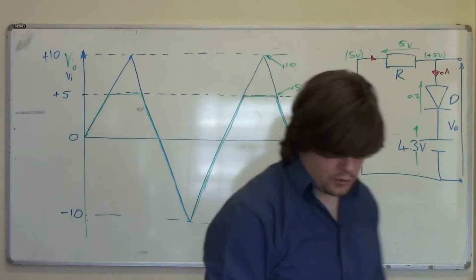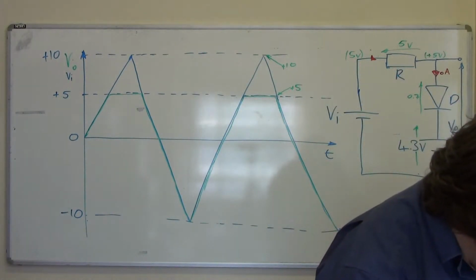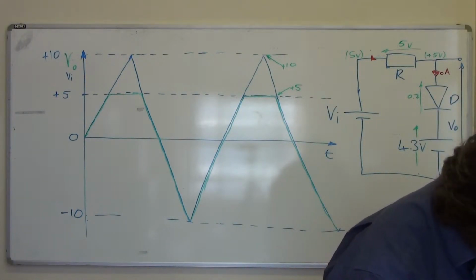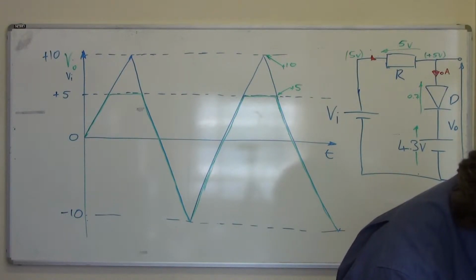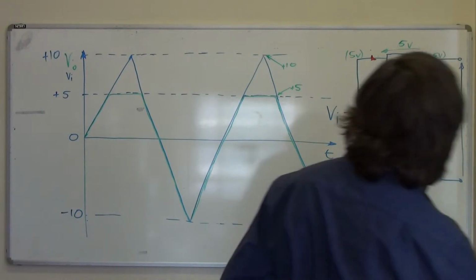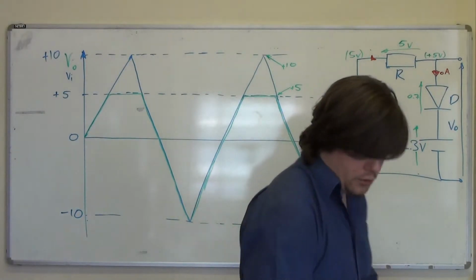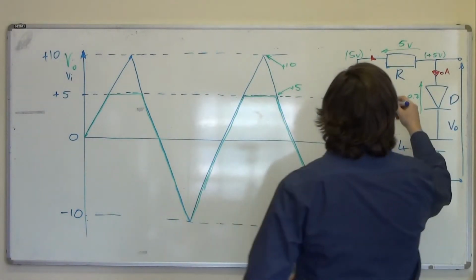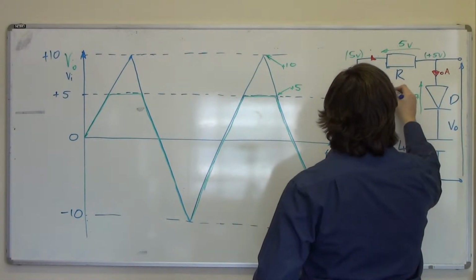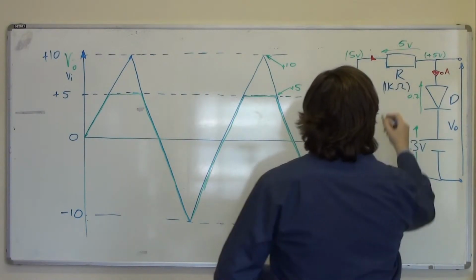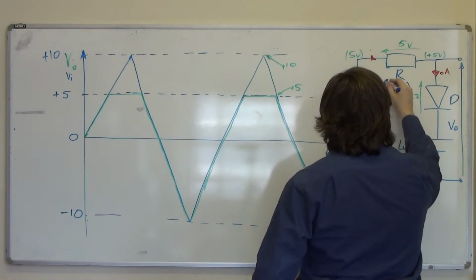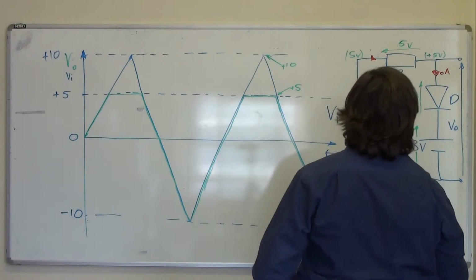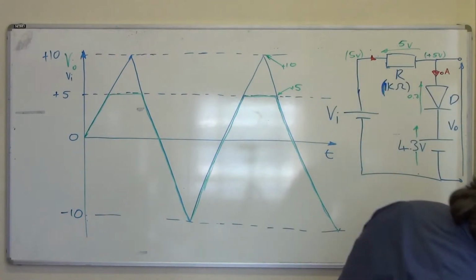Given the value of R, are we told it? We are, it's a kiloohm. R is a kiloohm, so I can call it 1k ohm.